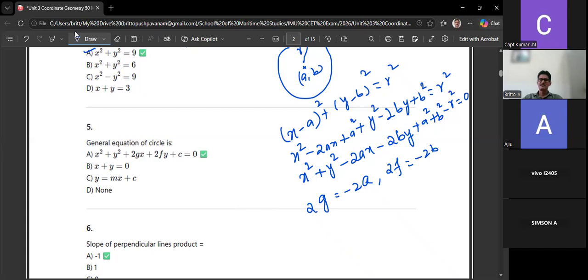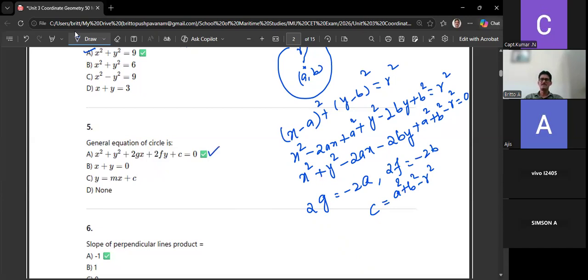So that constant, I am assuming it as c. So c equal to a square plus b square minus r square. Now, if you replace the minus 2a as 2g, then minus 2b as 2f, then the constant a square plus b square minus r square as c, you get this equation.